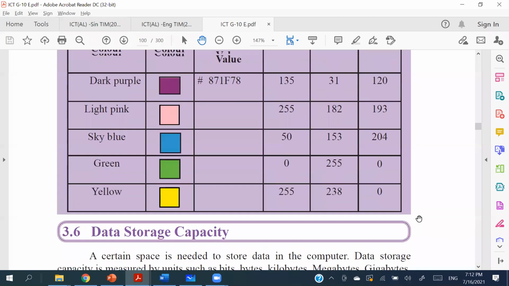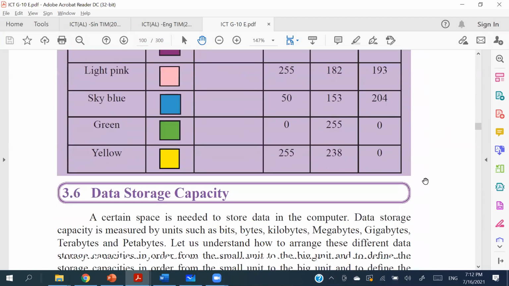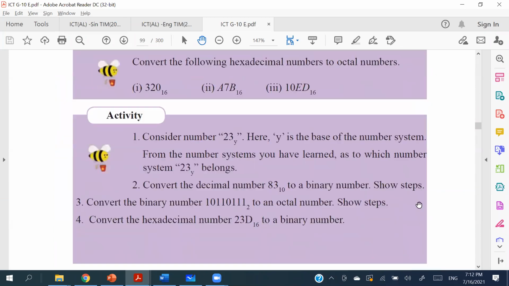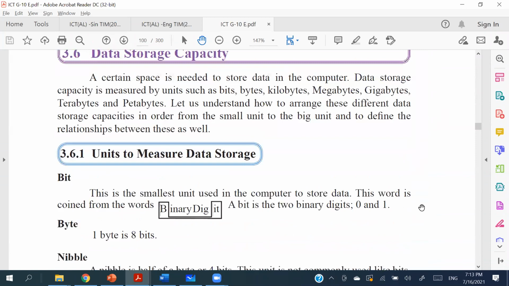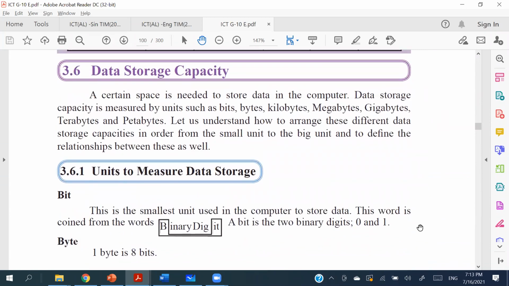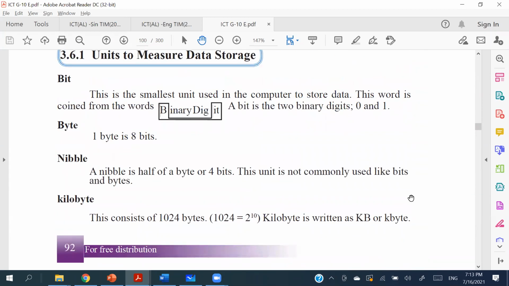And we are at the very end, people. Then we are going to talk about data storage capacity. I'm not going to start it today. We are going to talk about bits, bytes, kilobytes. We have something called a nibble, but we are not using that.